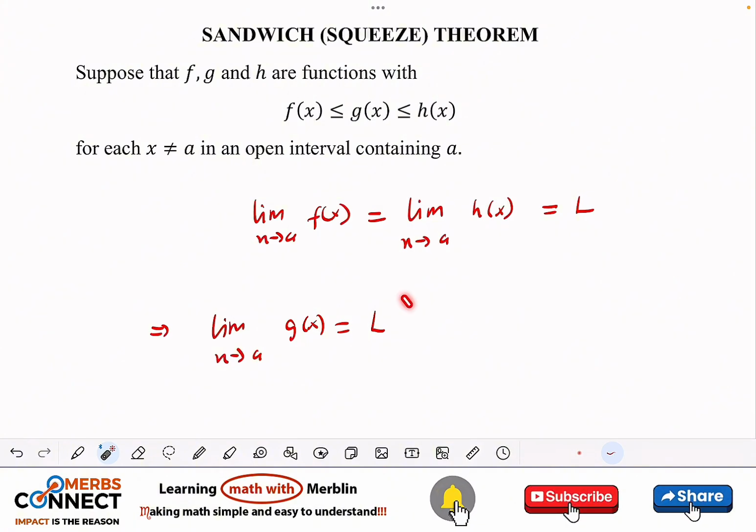I ask the one at the right, and he says the answer is A. I ask the one on the left too, and he says it is A. Then definitely I'm also going to shade A. But the confusion sets in when the right says it is A and the left says it is B. It means that, since I don't know the question, I don't know which one to choose. So basically, that is the squeeze theorem. The right and the left should be the same before we can conclude.